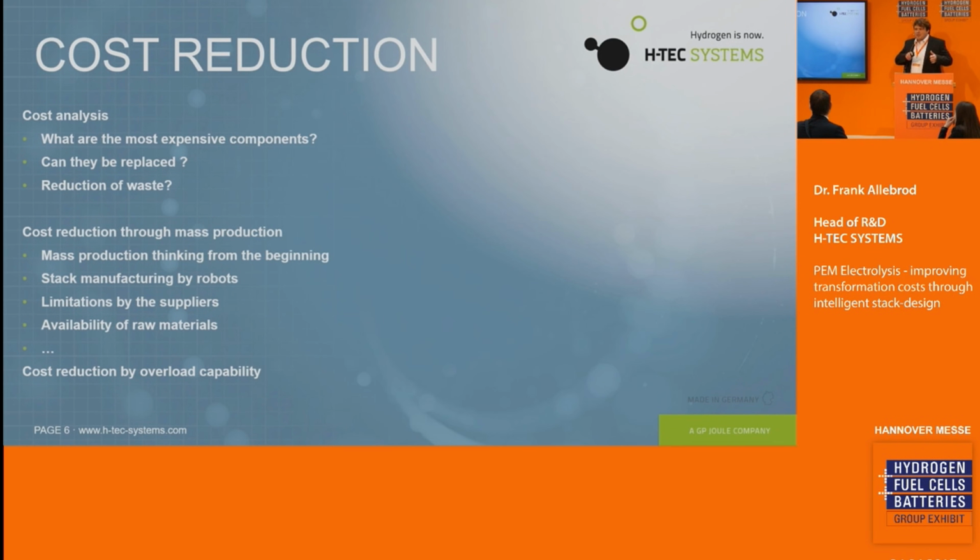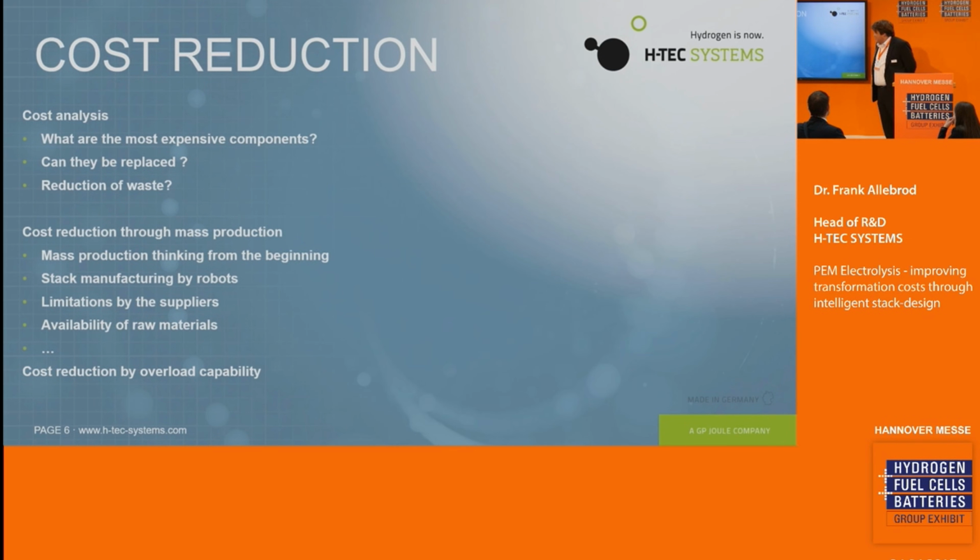We talk to all our suppliers, and then we say, okay, what's the best compromise so that every supplier has the least waste, and by that we can decrease the costs for the entire stack. And of course, there's another possibility to reduce costs, which is mass production, thinking from the beginning. Not only think, what's the cheapest way to produce it in 10 or hundreds. Just think from the beginning: let's produce 10,000. Let's produce 100,000. That's what we need for the future energy system.